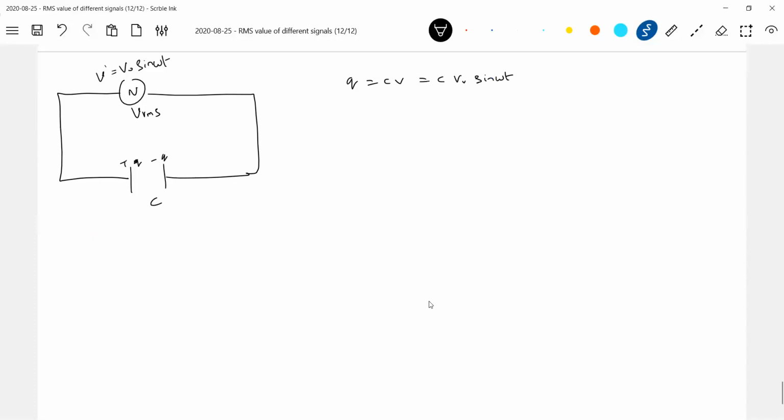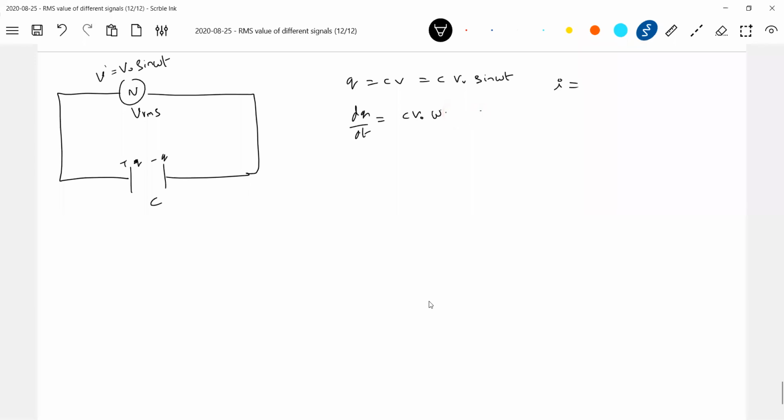I'll differentiate this. dq by dt is C V naught omega cos omega t. So I is equal to that, cos omega t.